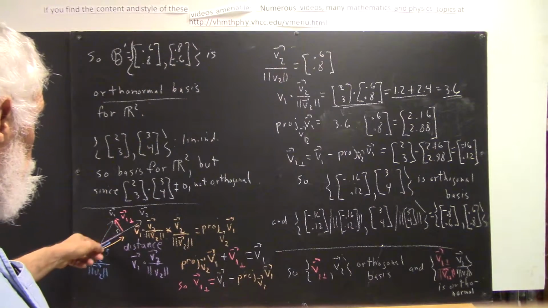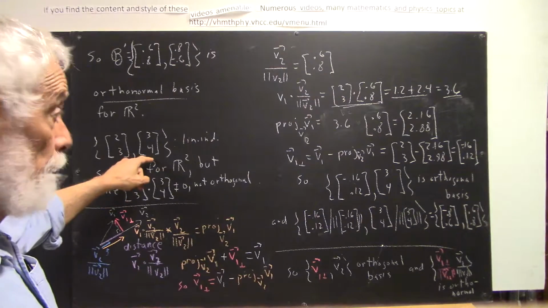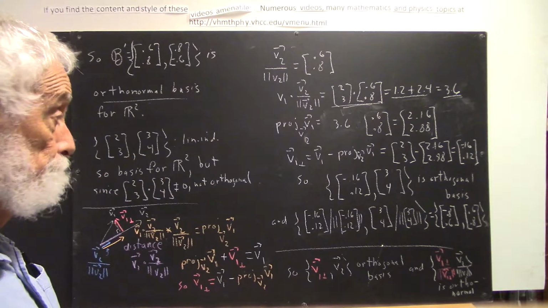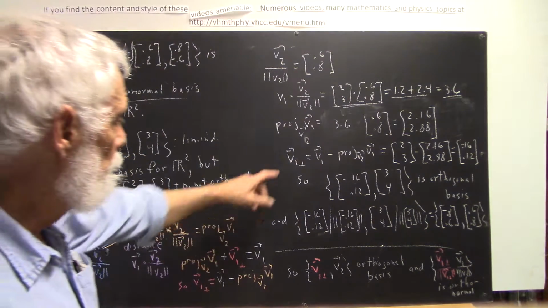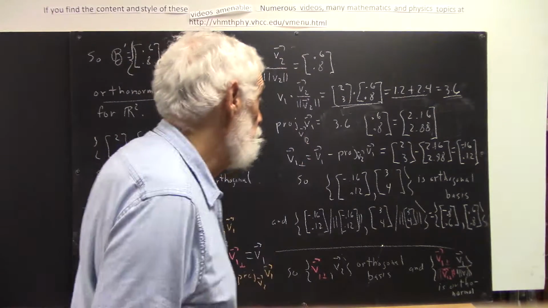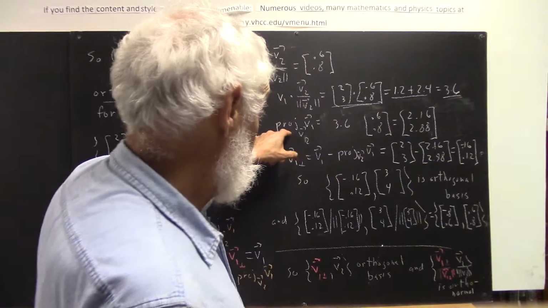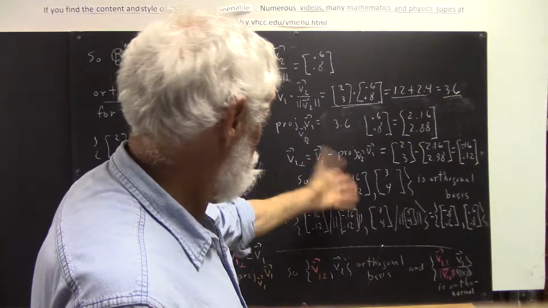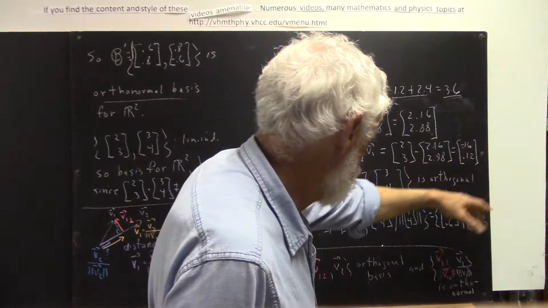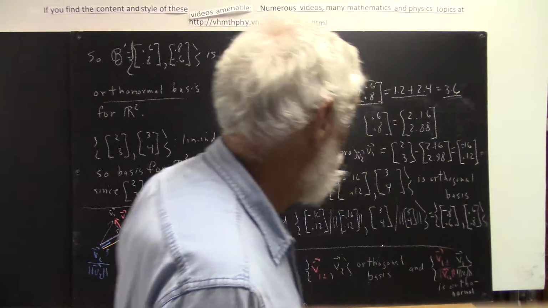Okay, that's the projection of this vector onto this one. Then our v1 perpendicular is obtained by subtracting this projection vector from v1. So we do that, and it's easy to do. We get (-0.16, 0.12).